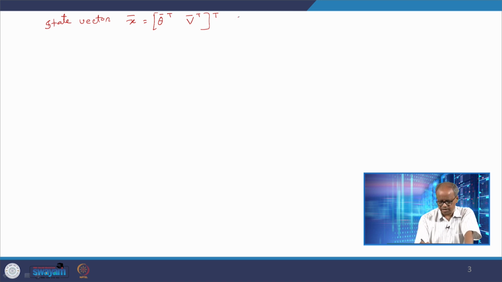What is the size? The size is 17 cross 1. What is 17 cross 1? It is 6 into 3 minus 1, that means 6N minus 1.